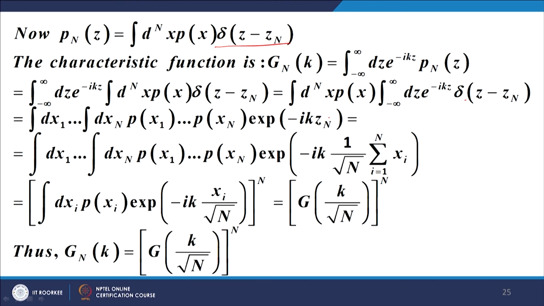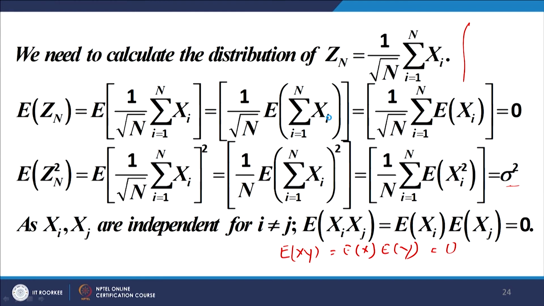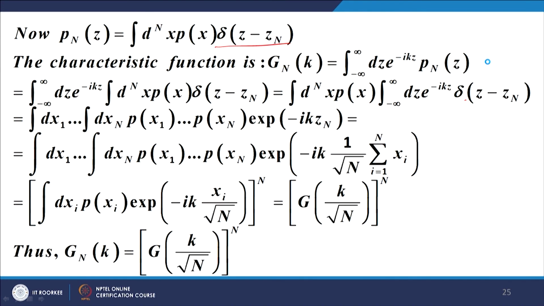Now, I substitute zn in terms of that particular expression that I mentioned earlier. When I do the substitution, I get this expression. Now, what I do is take the factor e to the power minus ik/root n x1 with the first integral, minus ik/root n x2 with the second integral, and so on.